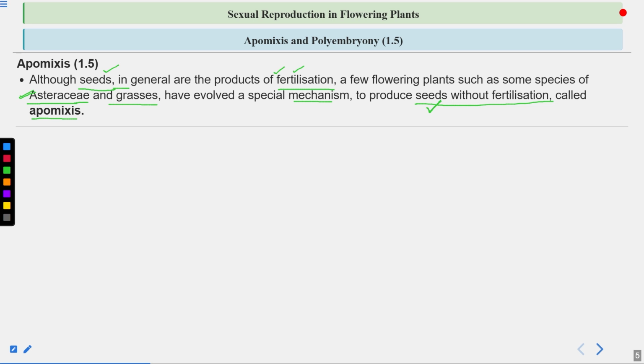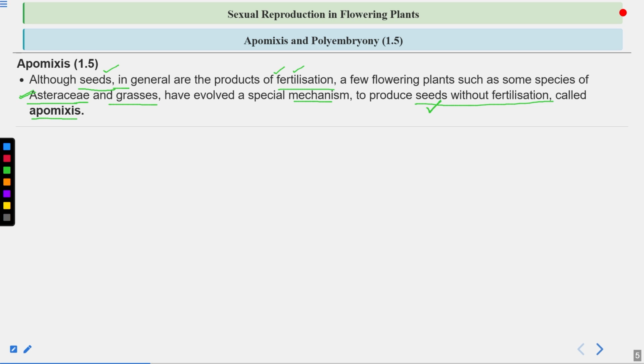The plant produced is a clone of the female parent plant because the seed is formed totally from the female gametophyte. There is no involvement of the male part of the flower, or you can say the male gametophyte is not involved here.